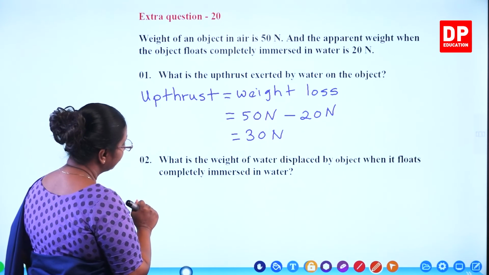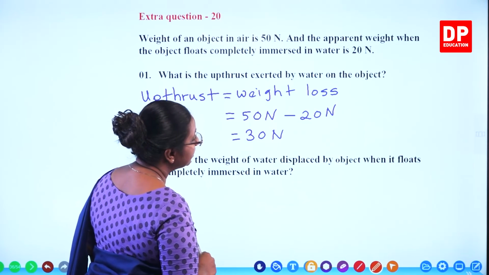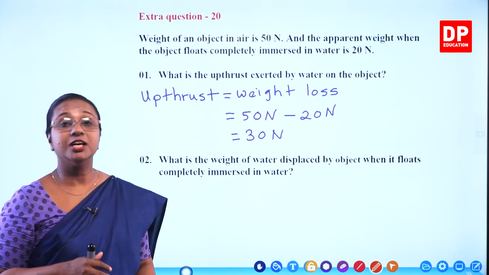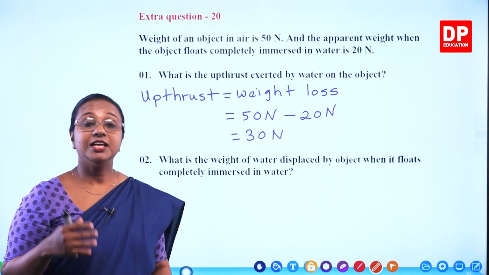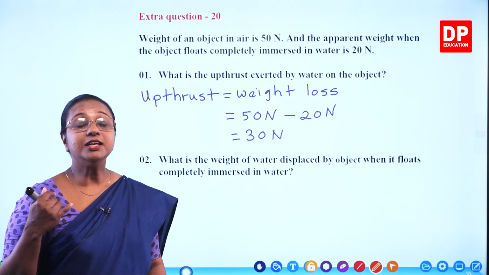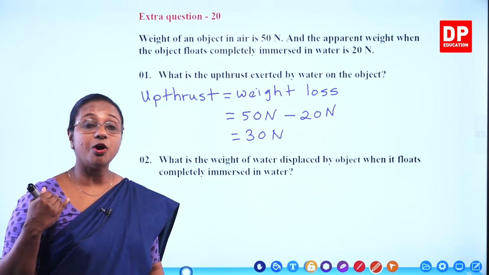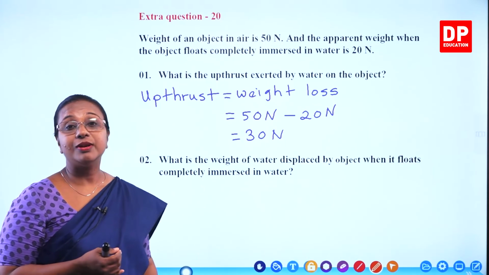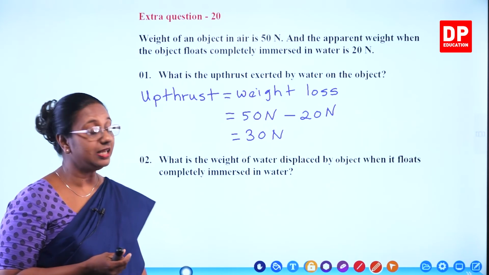So then the second one. What is the weight of water displaced by the object when it floats completely immersed in water? The weight of water that is displaced by the object is equal to the upthrust. We have already calculated the upthrust, that is 30 Newton.